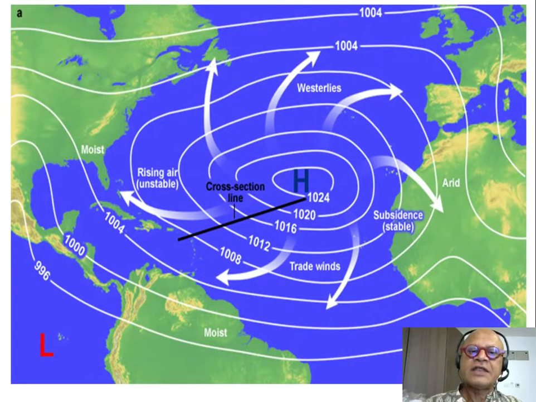So we know that the sinking or descent of the Hadley cell over the subtropical region produces descent, compression, high pressure, clear skies, no rain, etc. These are in fact the deserts of the ocean in the Pacific, Atlantic, and southern Indian Ocean. Northern Indian Ocean has the monsoonal circulation.